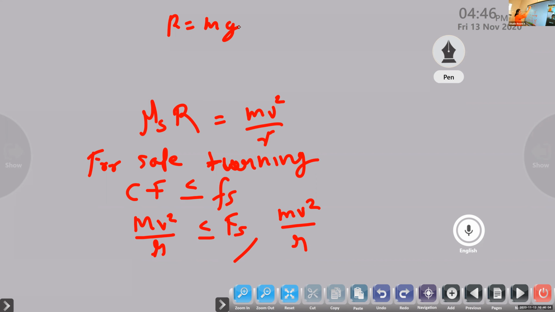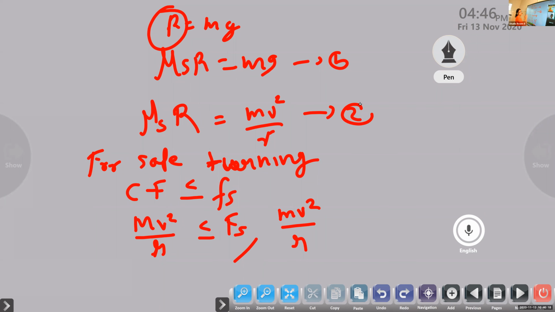Considering the coefficient of friction, this is also going to be mu_s R is equal to mu_s mg. Combining the first and second equations, you will get mv squared by r, the frictional force, is less than or equal to mu_s mg.